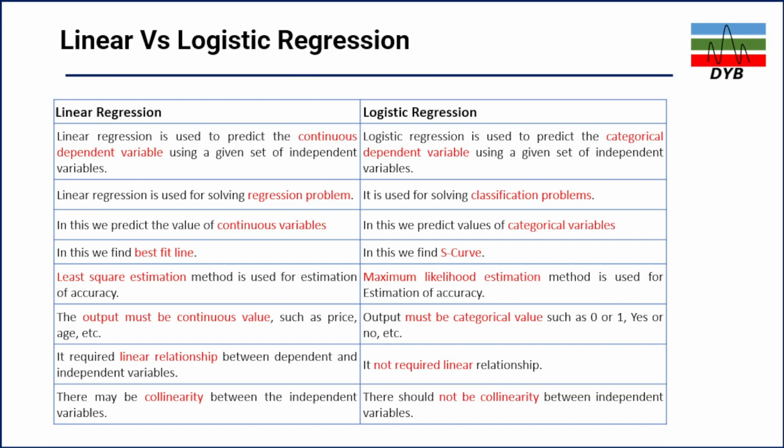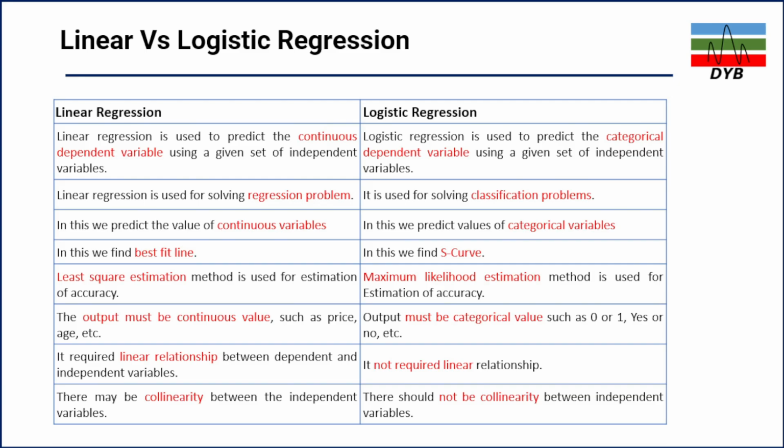Another difference is that linear regression solves the regression problem, but logistic regression solves the classification problem. Also, in linear regression we have the value of a continuous variable, but in logistic regression we have a categorical variable.